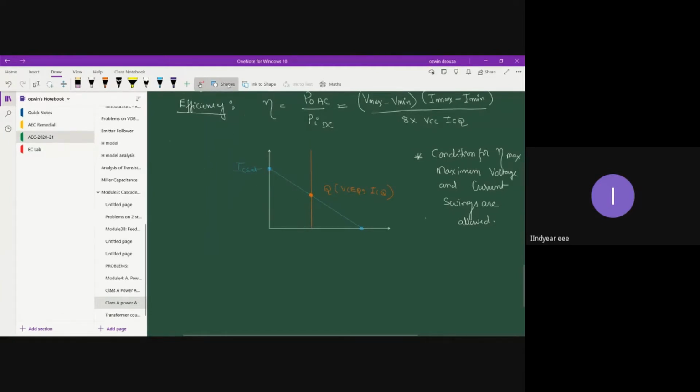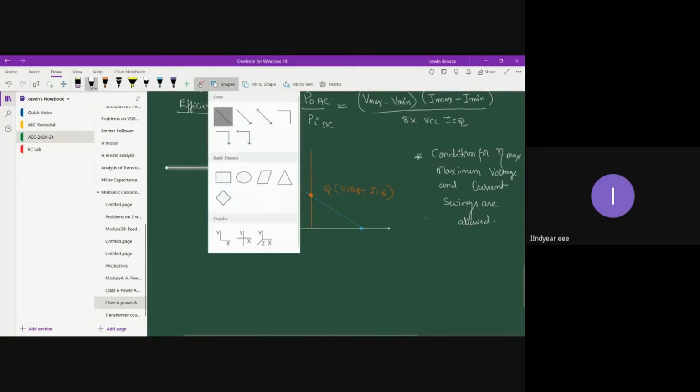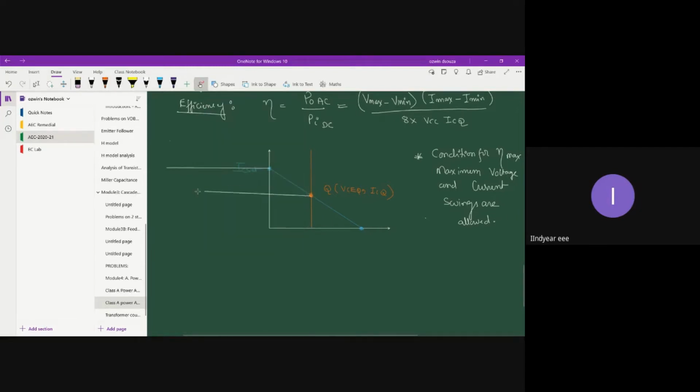So this is my upper limit for the current flow, and one more straight line, let's draw from the Q point, and the third guideline from the x-axis. That is it for my current. And for voltage, let me choose a different color.